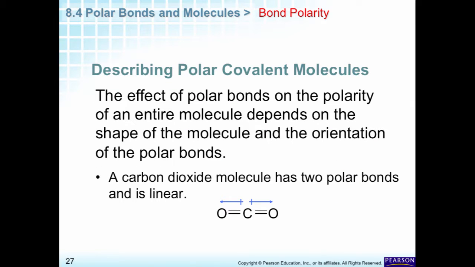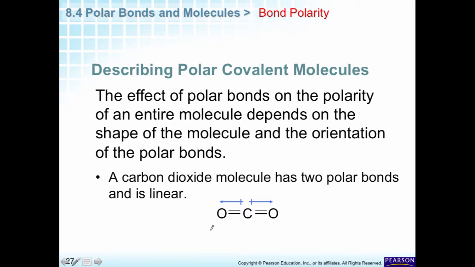Okay, so as I mentioned, here's an example of the two vectors that are equal and opposite. Carbon is attached to oxygen by a double bond on each side. So it's linear, 180 degrees. So that means the dipole is going this way and the dipole is going 180 degrees in the opposite direction. This means they're equally balanced, like when you are playing tug of war, so this is a non-polar molecule.